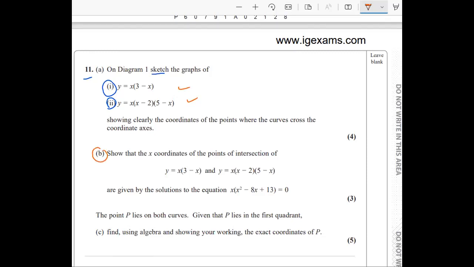Okay, show that the x coordinates of the points of intersection of this and this are given by the solutions to the equation this. Okay, forget about the graph. Let's talk about the second part. Now we have two equations and they are talking about the points of intersection.